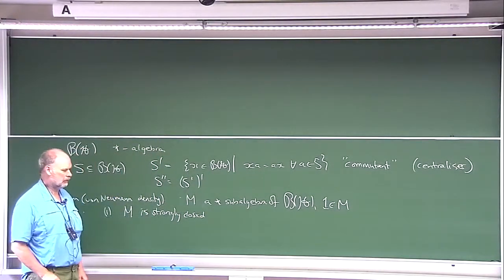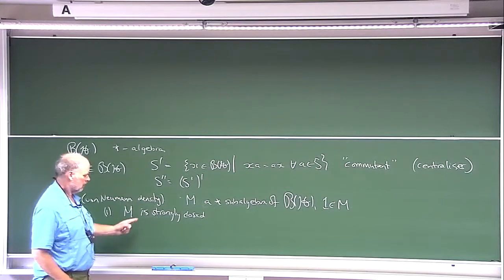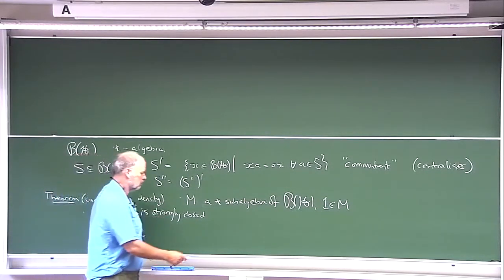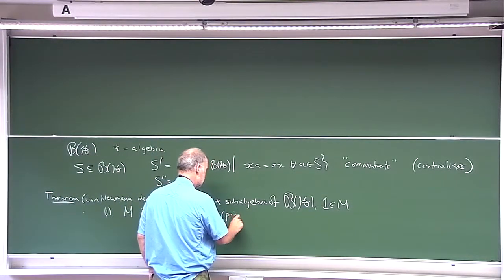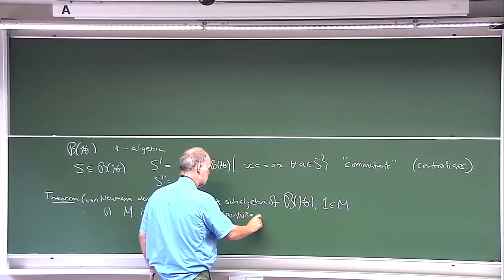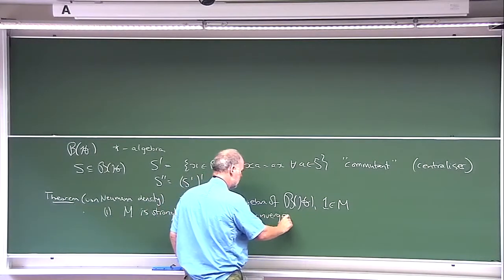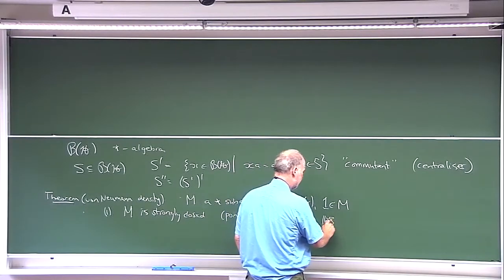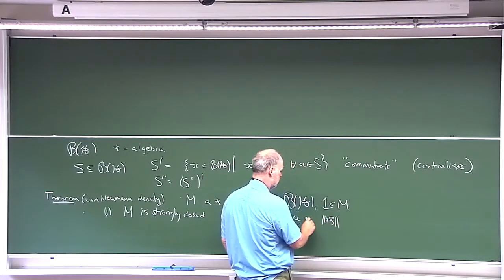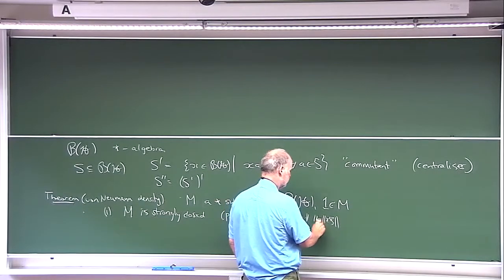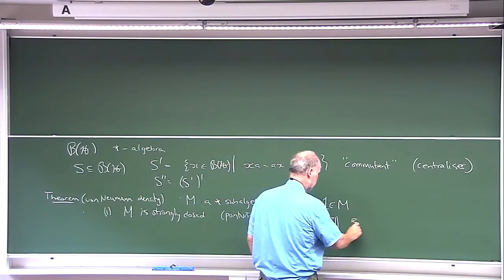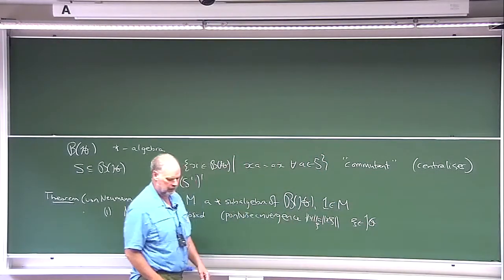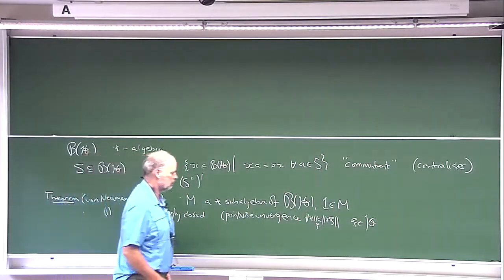I remind you that strongly means the topology of pointwise convergence on the Hilbert space. Well, if you like semi-norms, you can define some psi norm of X for psi a vector. These semi-norms generate a topology and it's the convergence in that topology.